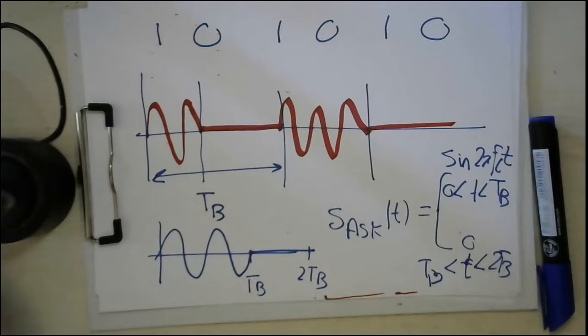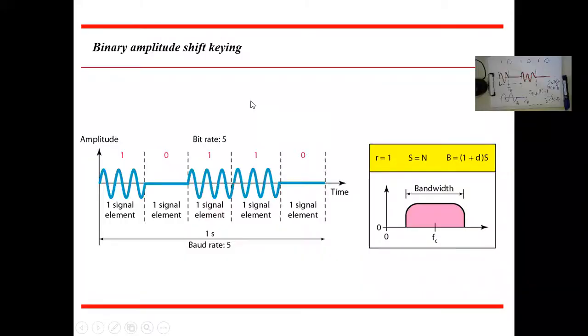Okay. Now let's turn back to this slide. Here is a formula that you can use in order to estimate the bandwidth of the signal, which is 1 plus d times s, where s here will always be considered equal to n, which is the number of bits, and r, which is the number of bits per sample, is 1.